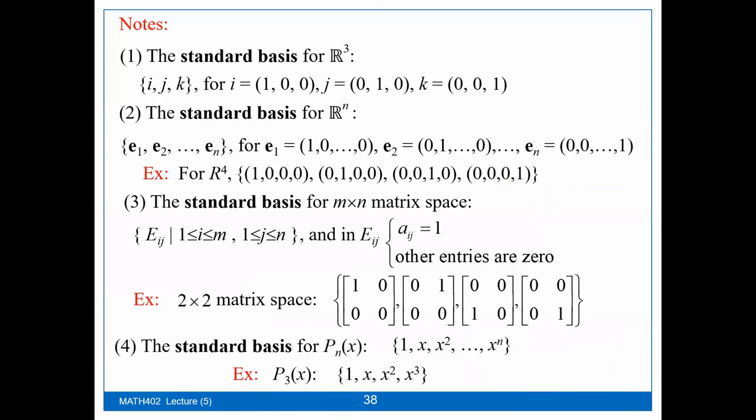So for P3, the standard base is 1, x, x squared, x cubed, and any polynomial in P3 can be written as A0 times 1, plus A1 times x, plus A2 times x squared, plus A3 times x cubed. Okay, A0, A1, A2, A3 are scalars. They are the coefficients of this polynomial with respect to this basis.